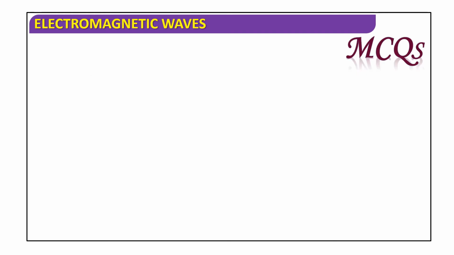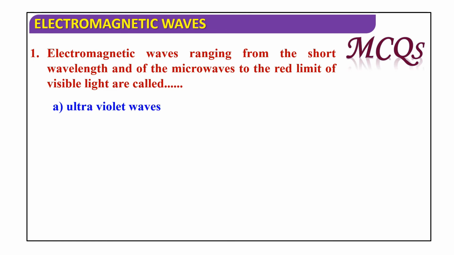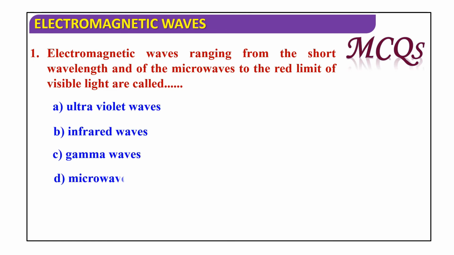Now we will discuss MCQs. First one: electromagnetic waves ranging from the short wavelength of the microwaves to the red limit of visible light are called ultraviolet waves, infrared waves, gamma waves, or microwaves.